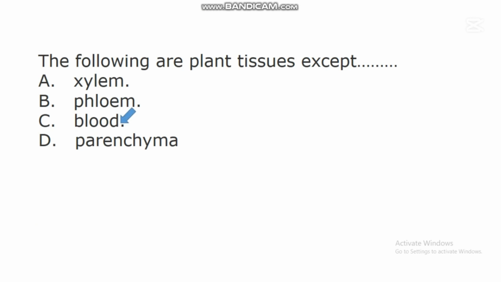There are different tissues found in a plant. One of them is called xylem. We have a tissue called phloem, and we have another tissue called parenchyma. But a plant doesn't have blood. Blood is a tissue that can be found in a multicellular animal.